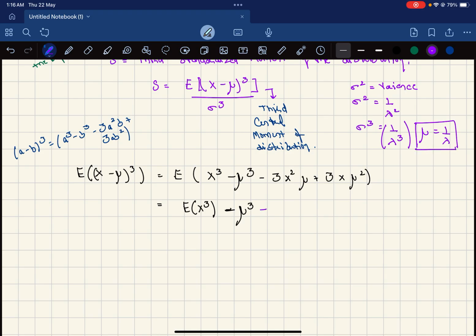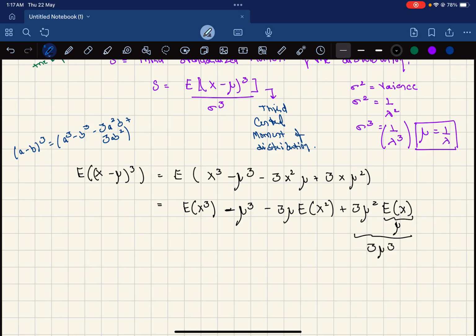And then we are left with minus 3 mu expected value of x square plus 3 mu square expected value of x. Now the expected value of x is mu, therefore this also becomes 3 mu cube.